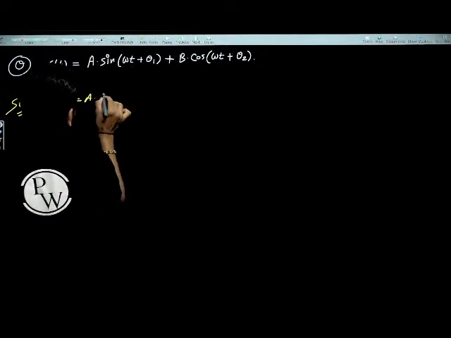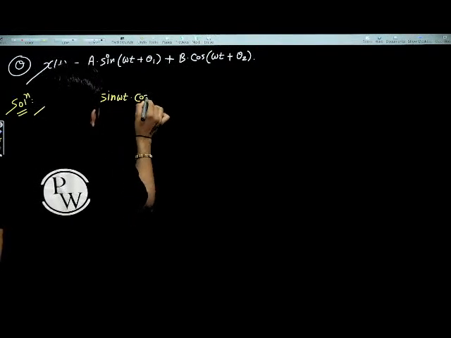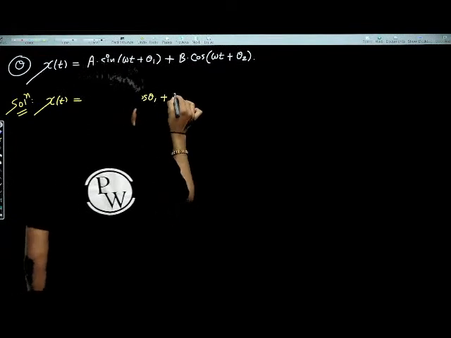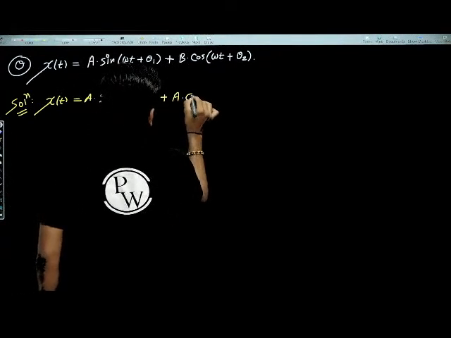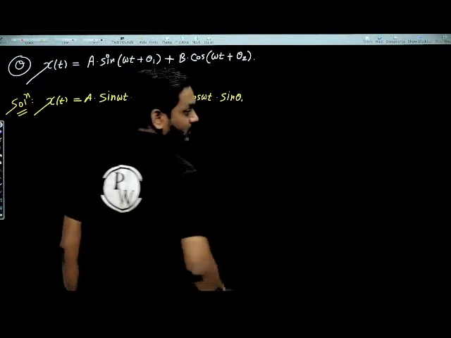Sin(A plus B) formula means A sin omega t into cos theta 1 plus A cos omega t into sin theta 1.